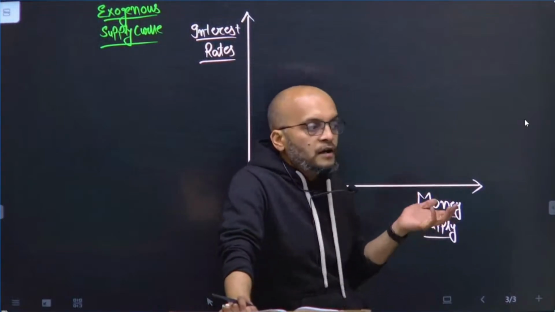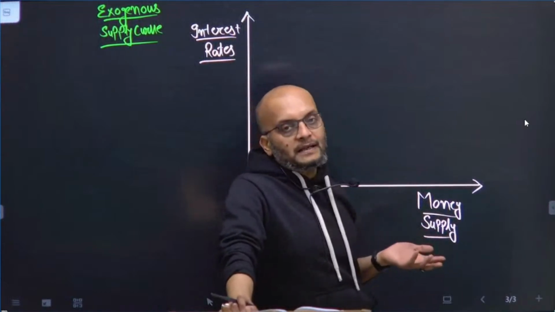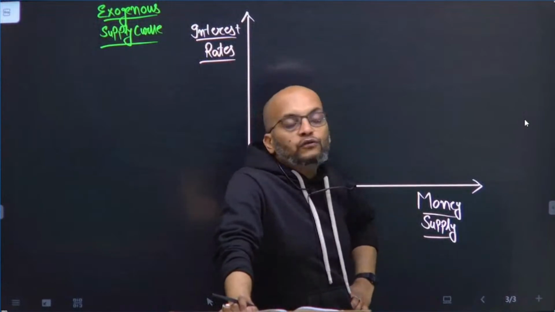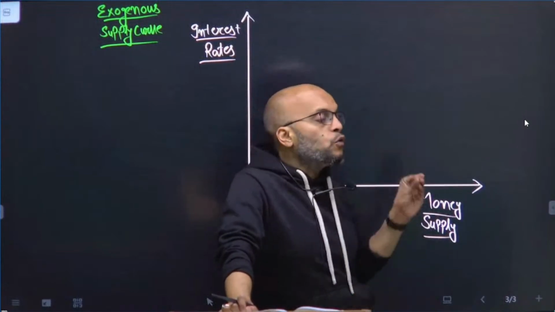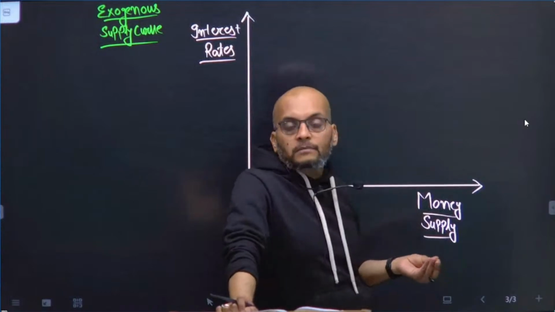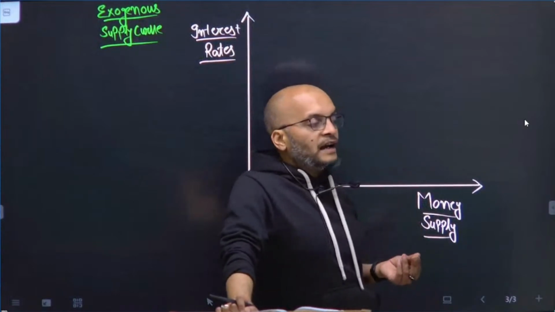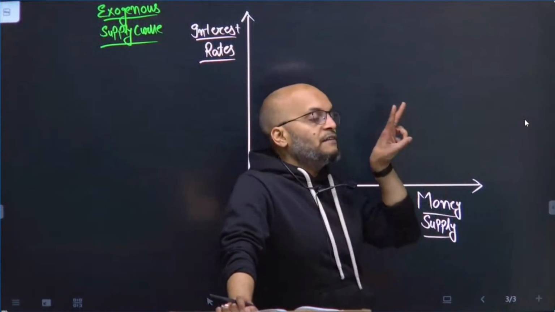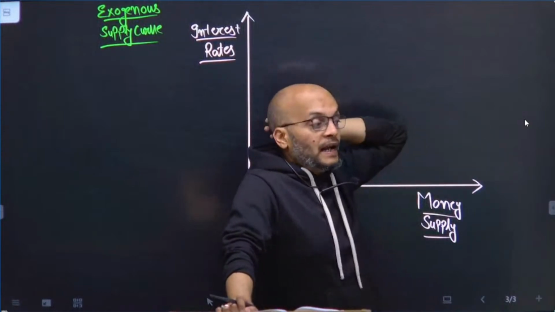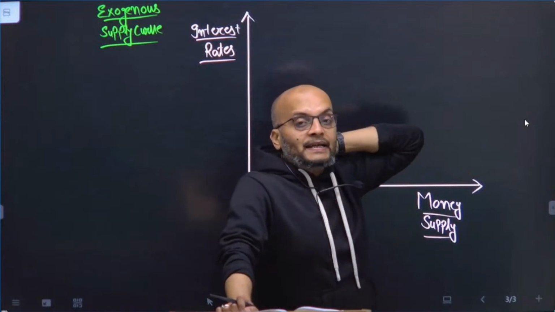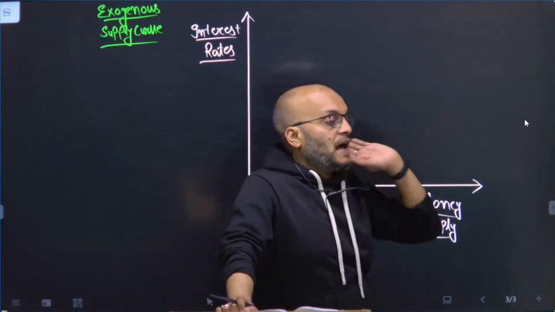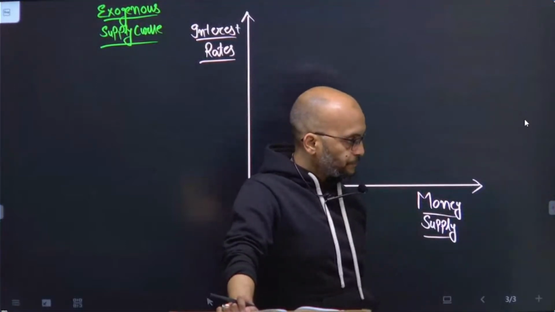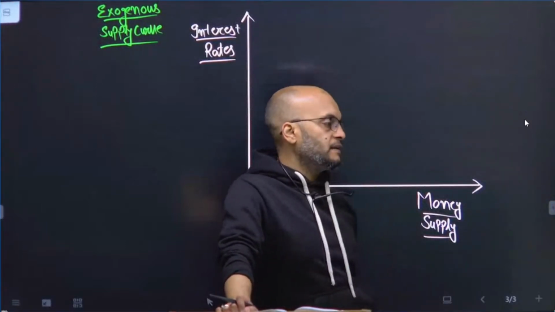Yes or no? Because we know the formula of money supply. Money supply has got 4 determinants. Out of those 4 determinants, 2 are already constant, right? MB and RR are constant because they are fixed by central bank. We are left with 2 determinants, and in this case it is saying that money supply is unaffected by these 2 determinants.